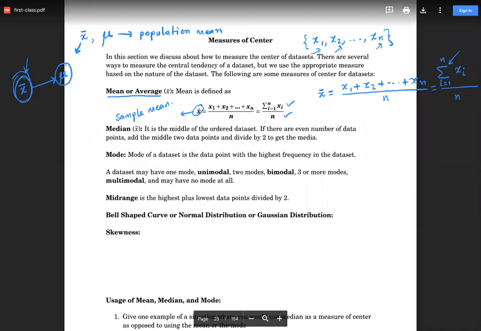That'd be my X bar. And from that, what do I try to do? Get an estimate of what is the average number of hours all the students at Hartnell College study per week. So that's what it is.